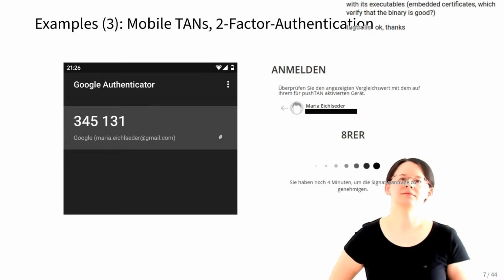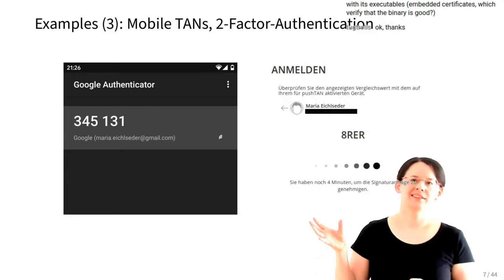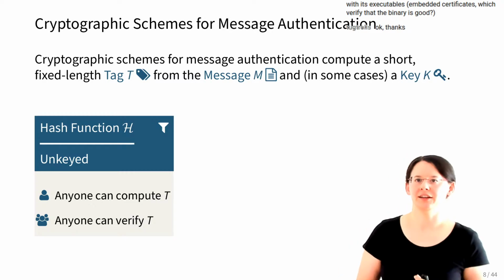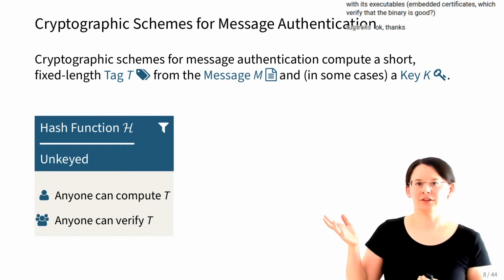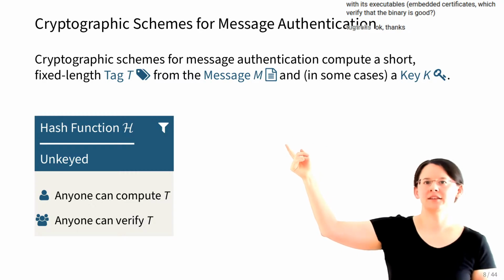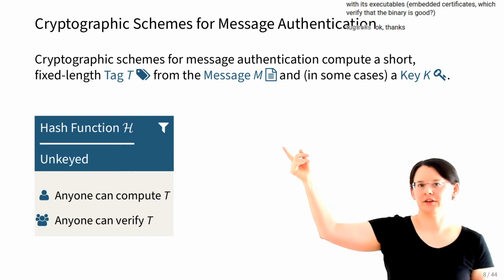Let's now have a recap of the different schemes that we already mentioned that all serve message authentication. What all of these have in common is that they take a message of arbitrary length and they add something to it, namely a fixed length tag typically. And this is a sort of checksum that verifies the integrity and authenticity.